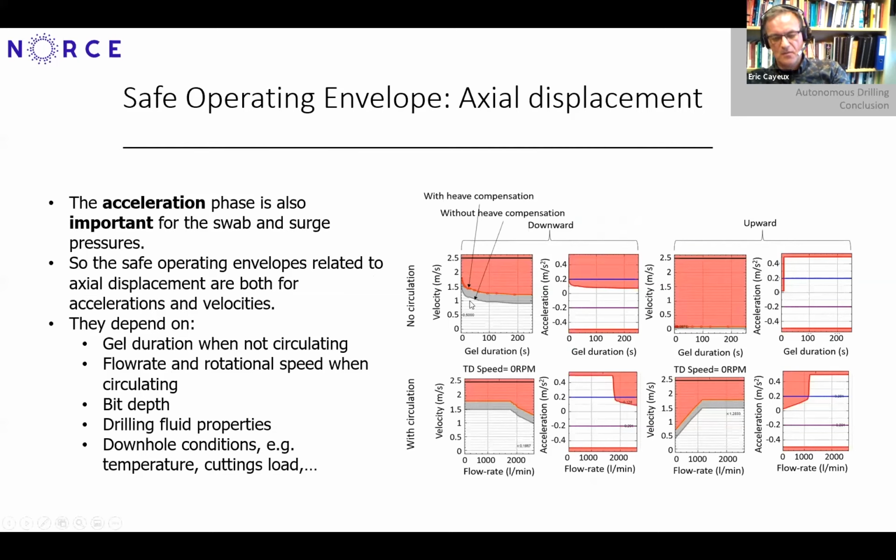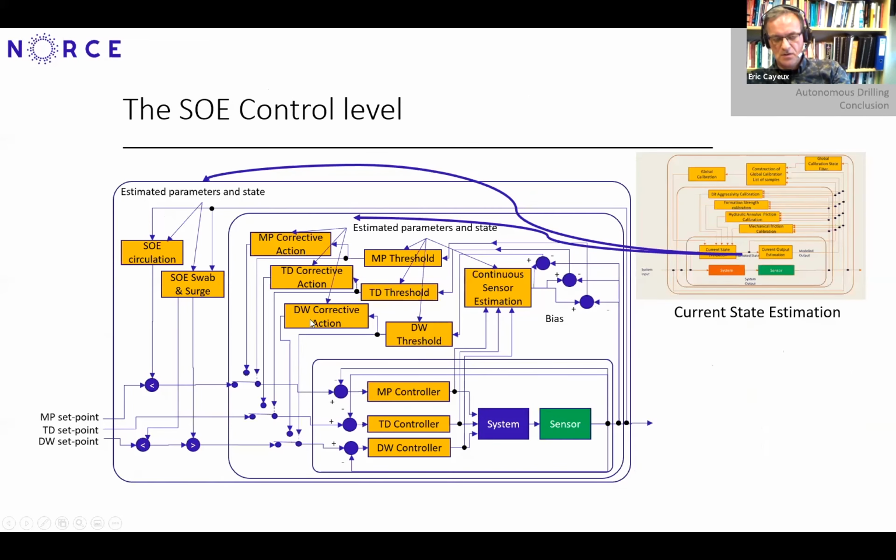So there are many different contexts which are important to be able to calculate those safe operating envelopes for the actual velocity. We calculate all those safe operating envelopes, not only for the swab and surge case, but also for circulation in terms of maximum flow rate, which should be applied at any time.